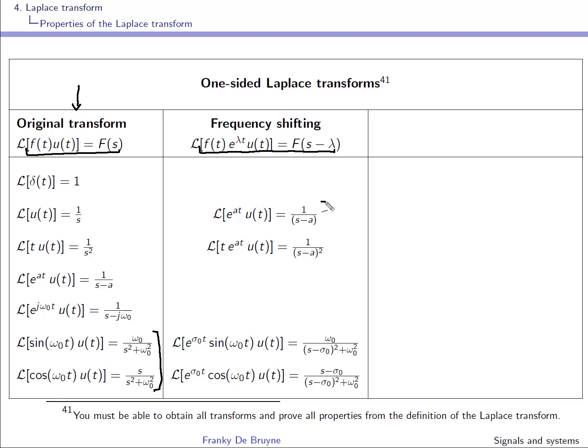One of them is the Laplace transform of the exponential signal that we had already obtained previously, but differently, using the definition. So again, you should be able to obtain all these transforms starting from the definition of the Laplace transform and all the properties, and you should also be able to produce the region of convergence.